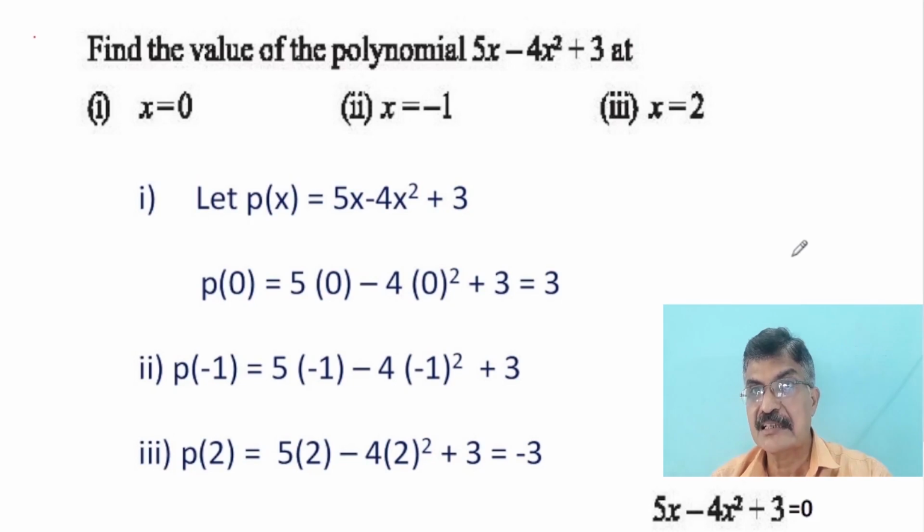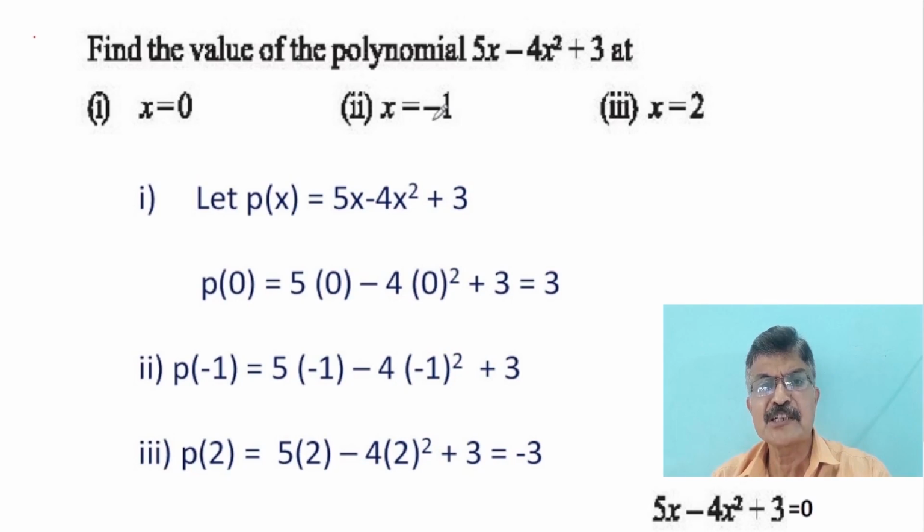But expressions are only evaluated. Don't confuse. It is wrong to say that equations are evaluated. These equations must be solved. But expressions are evaluated. Evaluate the expression for the variable x is equal to 0. Evaluate this expression for the value x is equal to minus 1.